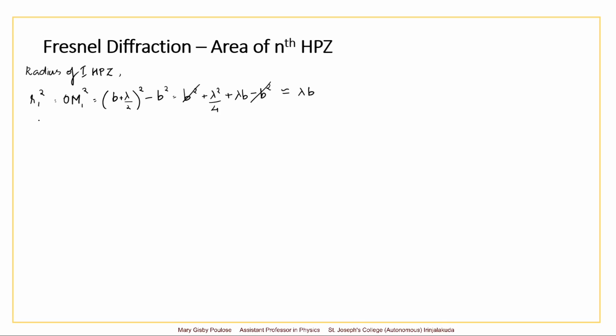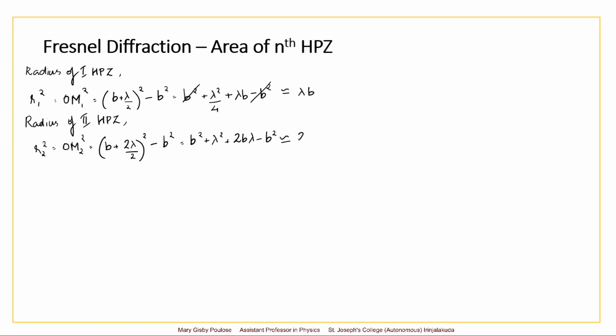Now the radius of the second half period zone, that is r2 square, is equal to OM2 square. Again, from Pythagoras theorem, I can write b plus 2 lambda by 2 the whole square minus b square, that is equal to b square plus lambda square plus 2b lambda minus b square, and that is again approximately equal to 2b lambda.